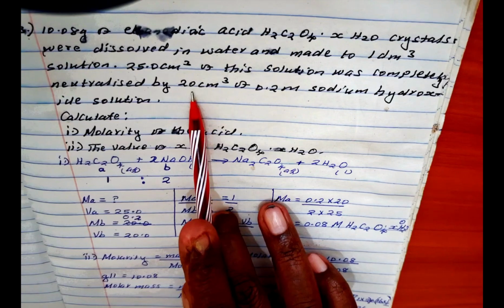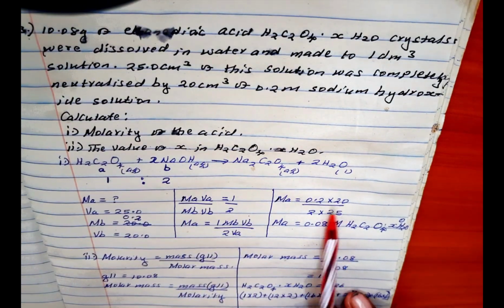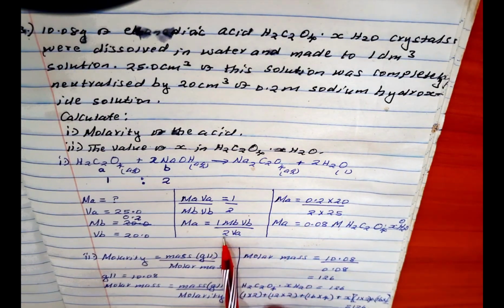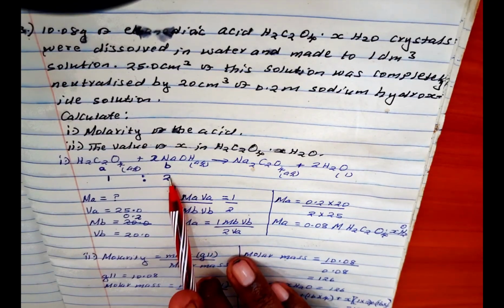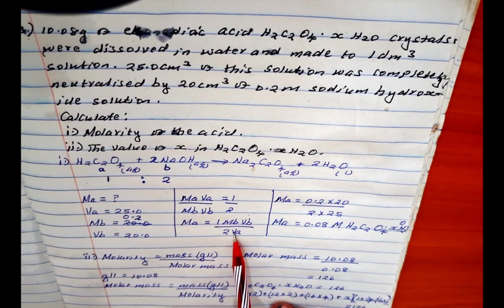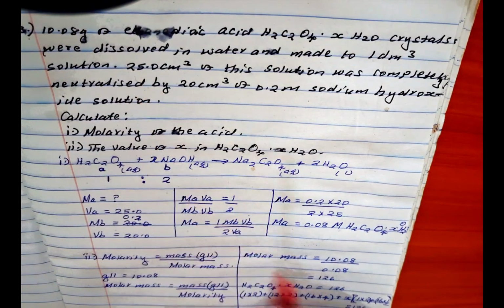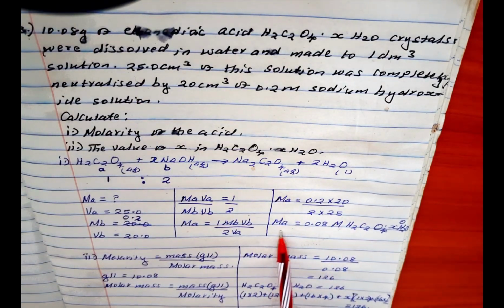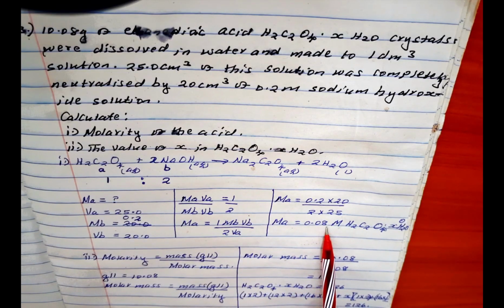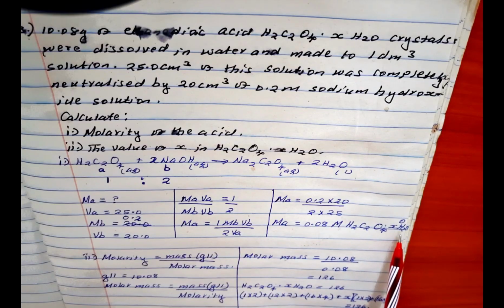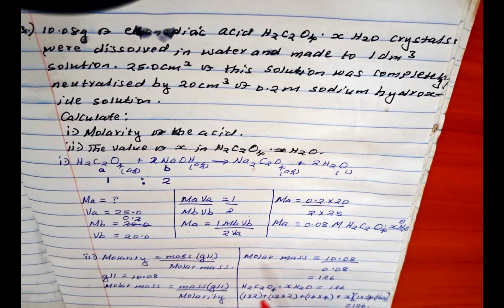So we extract it from here, we bring it here, we divide by 2, which was the mole ratio of the base, that is sodium hydroxide, times the volume of the acid. What's the volume of the acid? 25. So you divide by that. So what is the molarity of the acid? The molarity of the acid is equal to 0.08 molar ethanedioic acid, H2C2O4.xH2O, or hydrated ethanedioic acid.